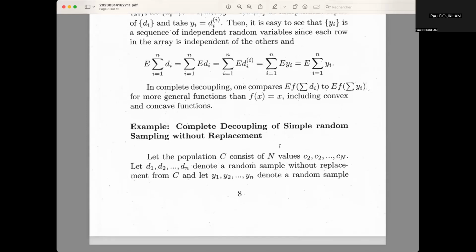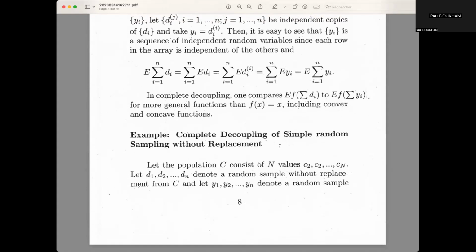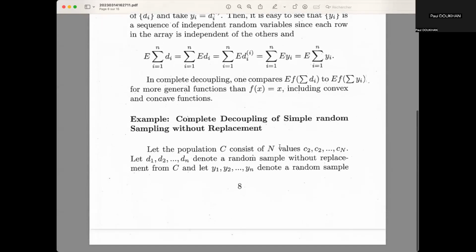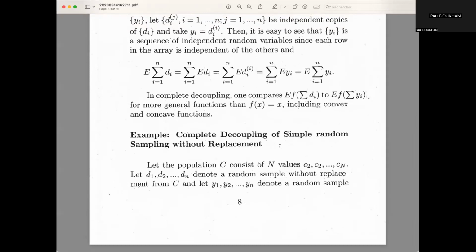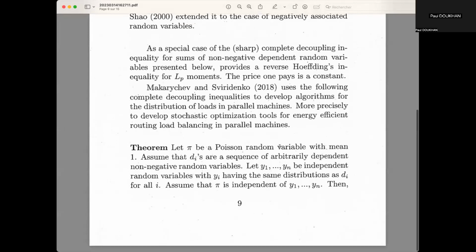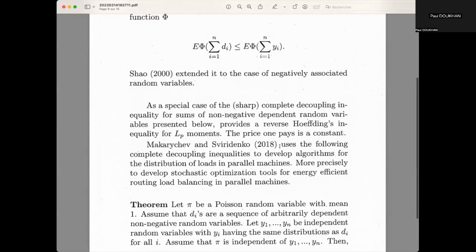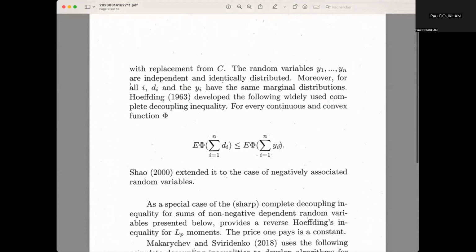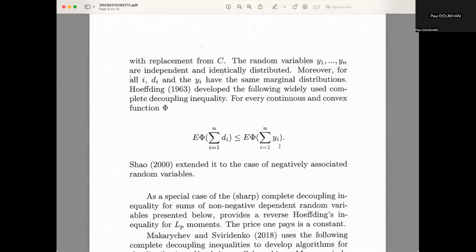Now, if you do something without replacement, we are going to show how to do complete decoupling of simple random sampling without replacement. So we have, again, sampling without replacement. Everybody knows what it is. You have the d_i's as the sampling without replacement, and then the y_i's as the sample with replacement.